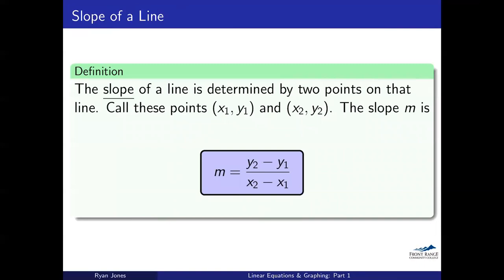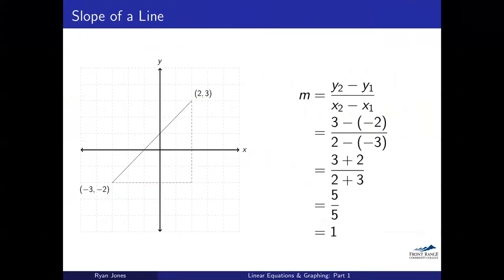So let's go ahead and actually look at an example of this. I have a line right here, and it would definitely continue on past where I've drawn it here, but I'm just noting this segment of the line between -3, -2 and 2, 3. And so what we're doing here, when we plug into this formula for m, we're finding the ratio.